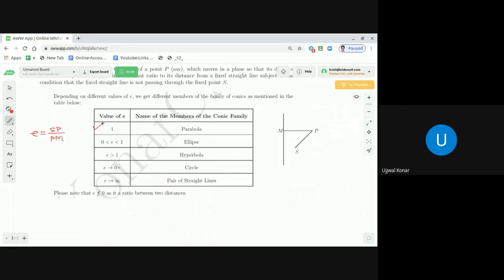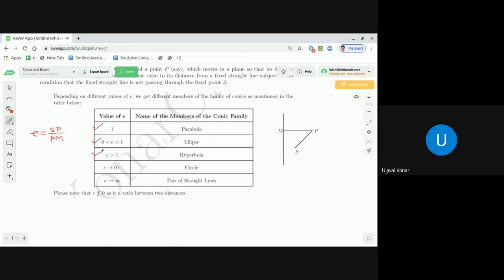If the value of E is in between 0 and 1, that means 0 less than E less than 1, we can say the curve traced out is an ellipse. And if the value of E is greater than 1, then we can say the curve traced out by the point P is a hyperbola.